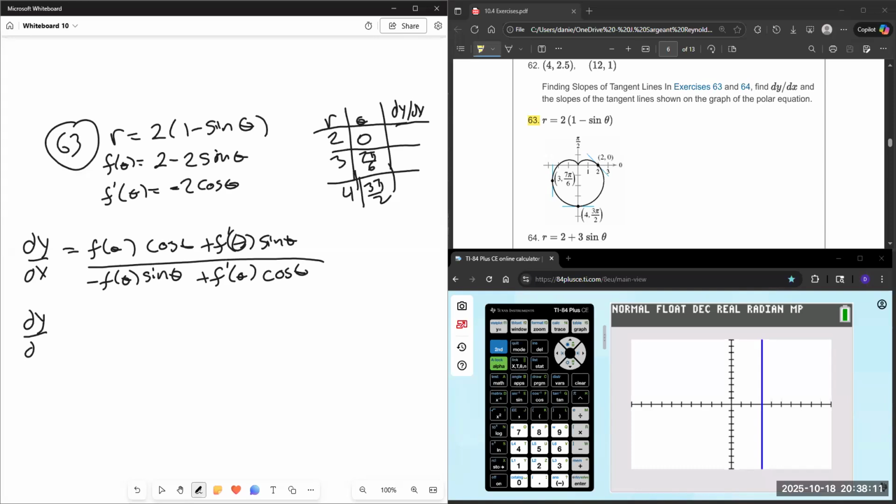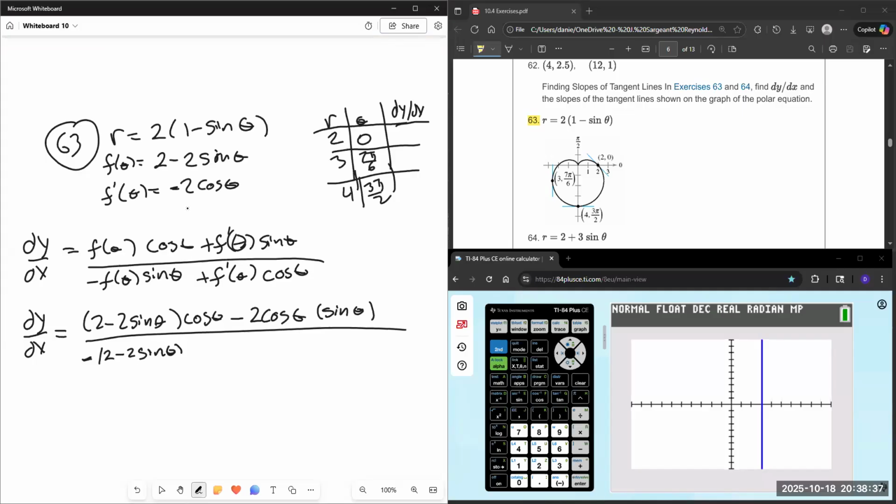So dy dx will be 2 minus 2 sine theta times cosine of theta minus 2 cosine of theta times sine of theta, over negative 2 minus 2 sine of theta cosine of theta, plus negative 2 cosine of theta squared.